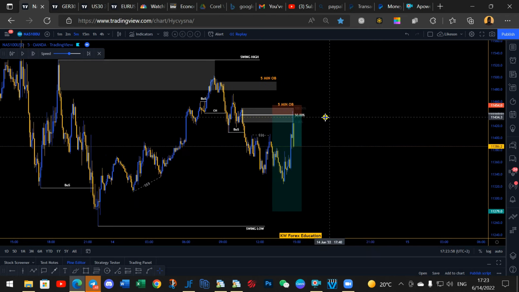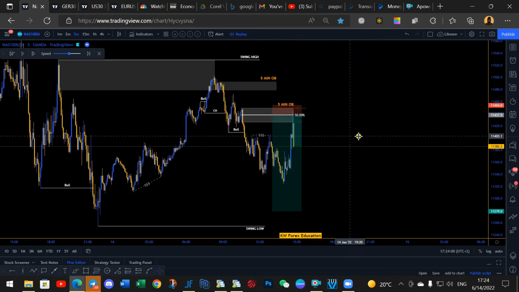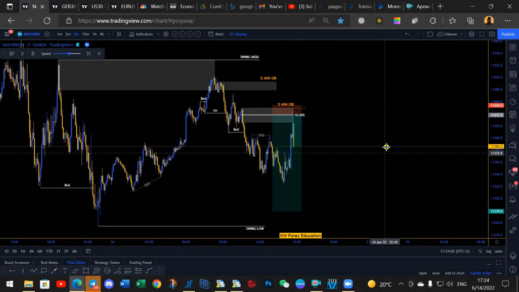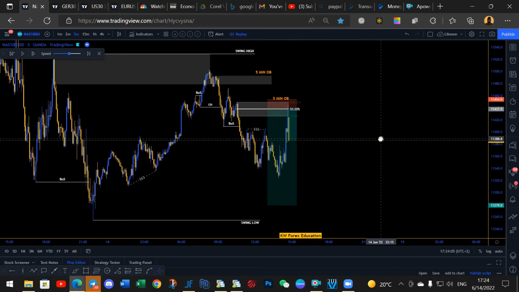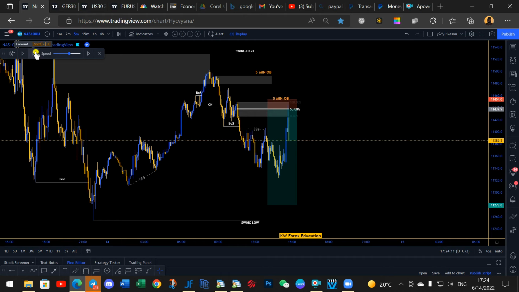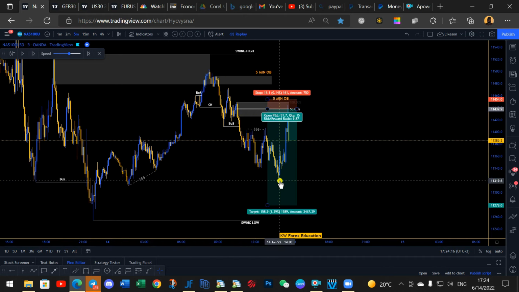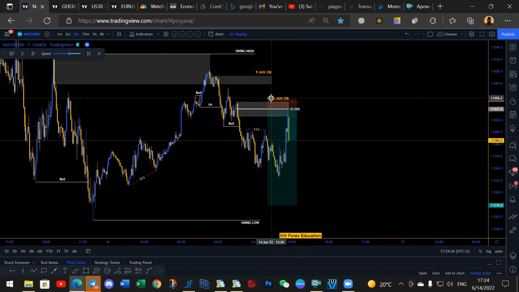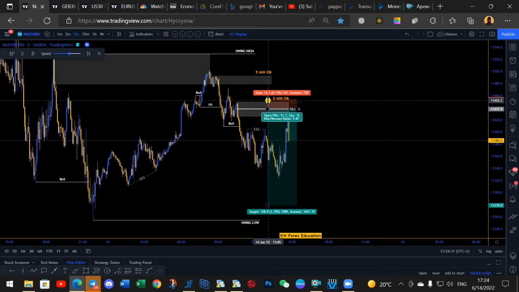So, moment here we got tapped in. So it was just a matter of managing our trade. So we got tapped in, and what I always do is that as long as I was going to take out this last low here that went on to tap my order block there, then I was going to move my stop loss to break even.